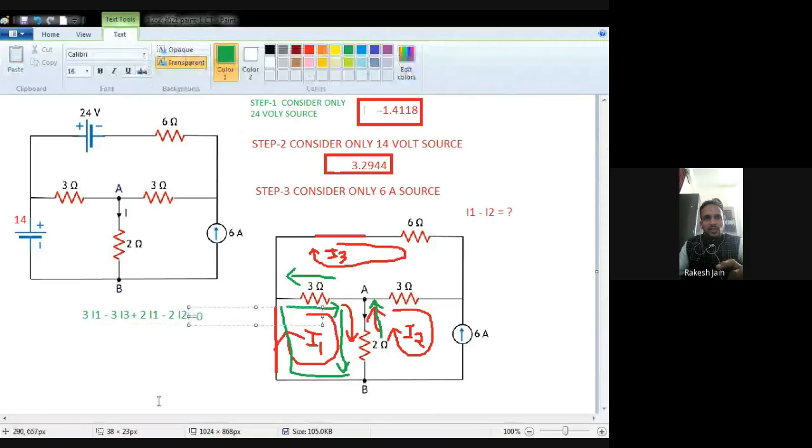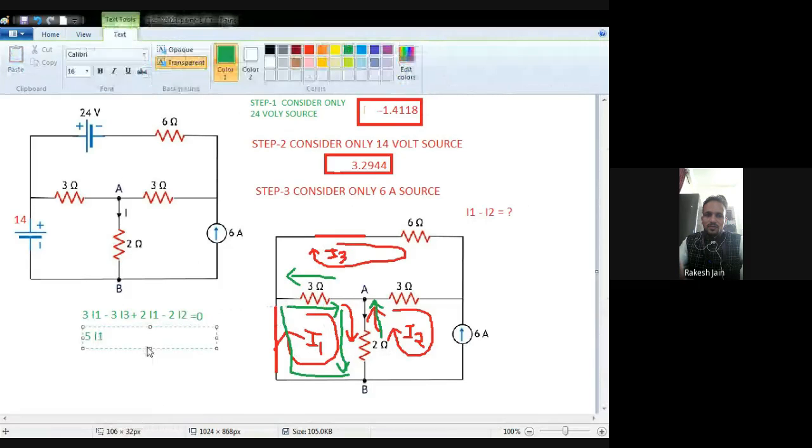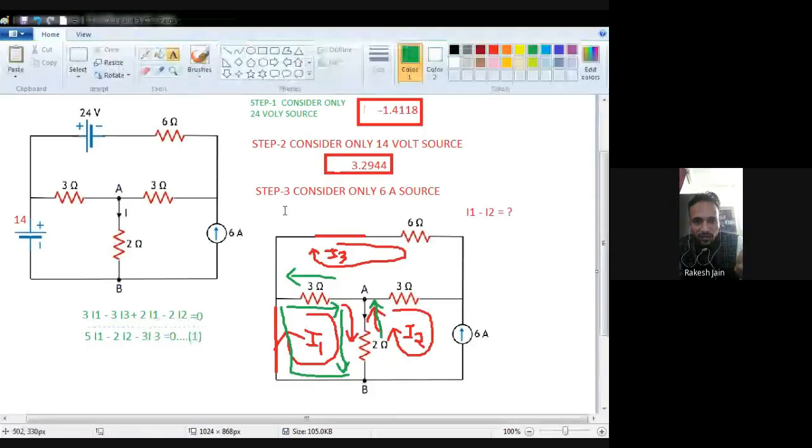So now once again I draw this diagram. I delete whatever, there is my diagram. This is 14 volt. Just shift it to the left side. Okay, so now this one is my diagram.